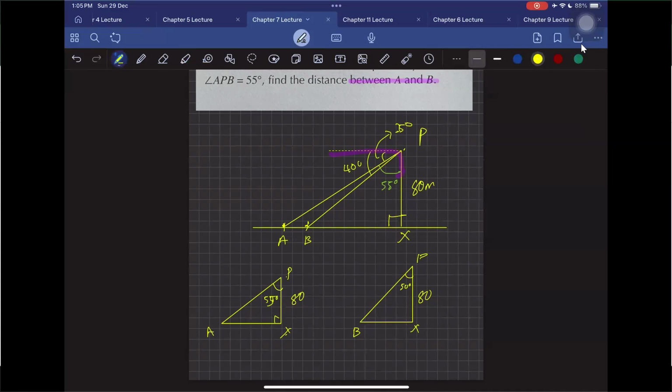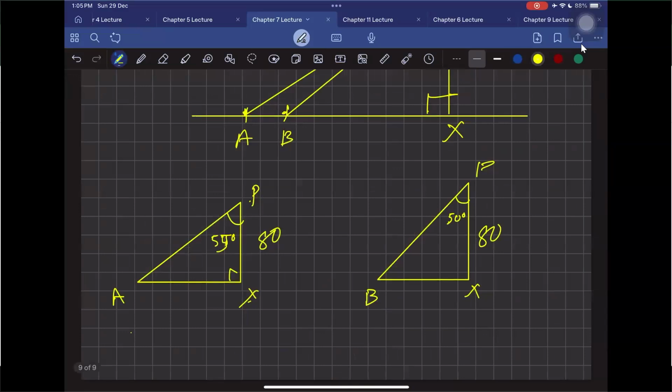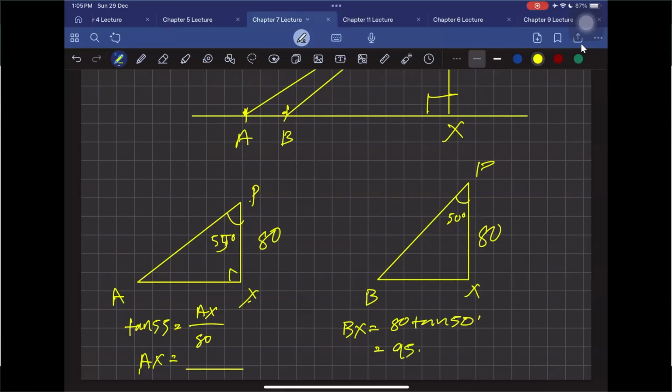Okay. So let's do tangent. So you get AX is equals to 114.25 meters and BX to be 95.34 meters.